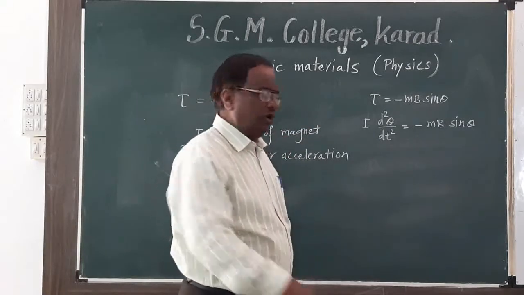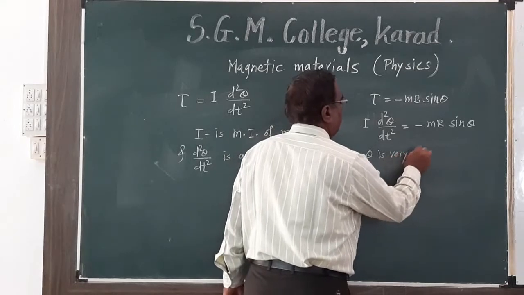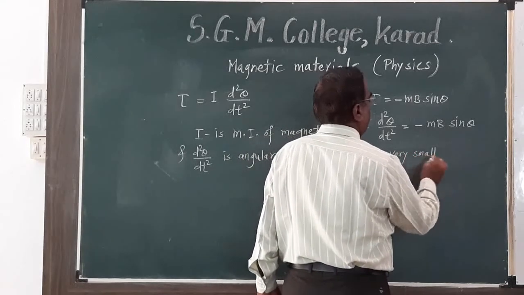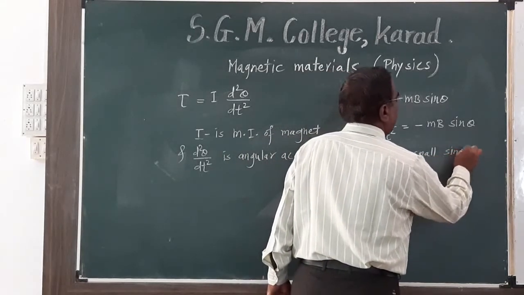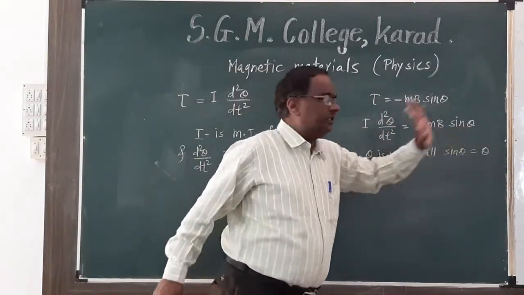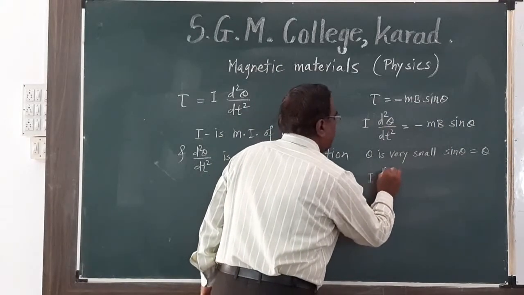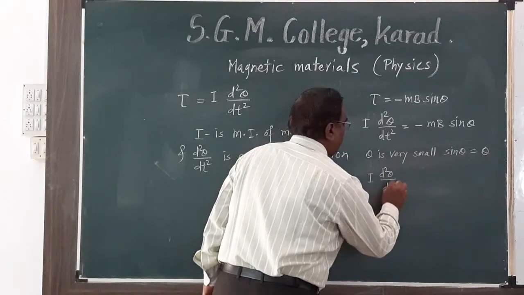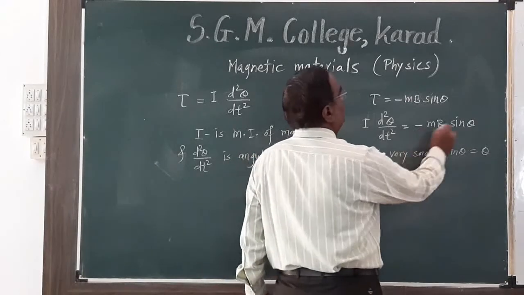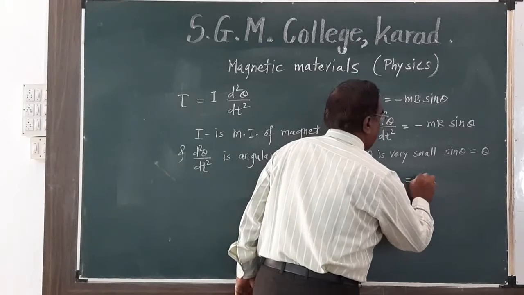When theta is very small, sin theta is equal to theta. Therefore, we can write I d2 theta upon dt square is equal to minus MB theta.